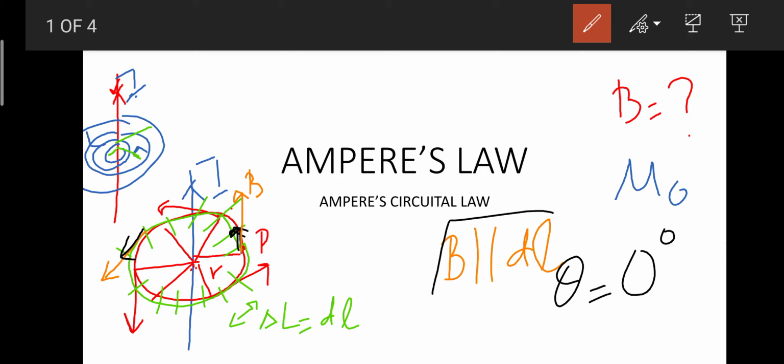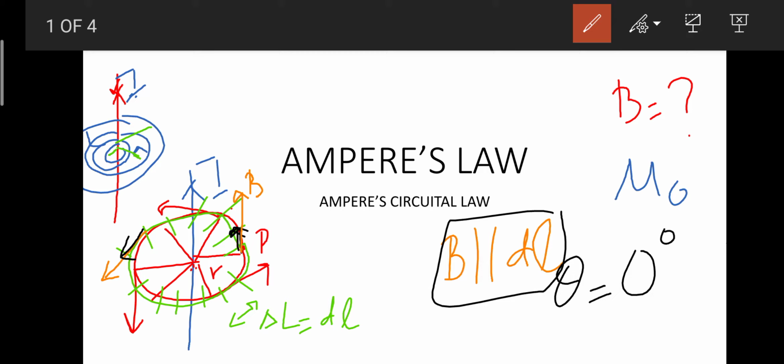There is a symmetry, which is that B is parallel to dl. So this is the third condition, which says that B should be uniform in magnitude and in direction as well, right? So I have described the three conditions for the Amperian loop. Now moving towards the next step, B basically has a strength, and we have seen that, and the direction we have already seen, what angle I'm getting.